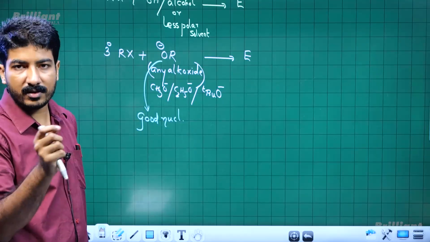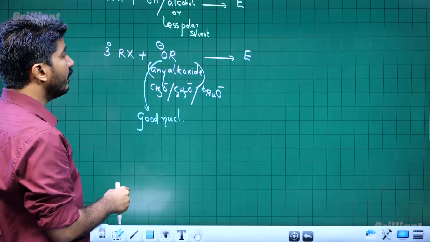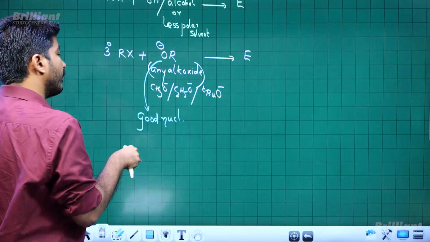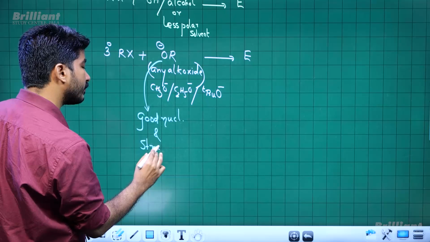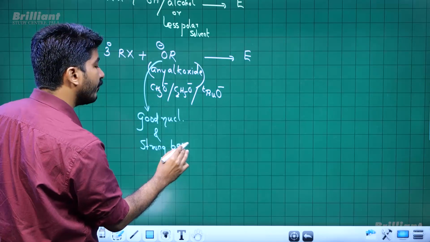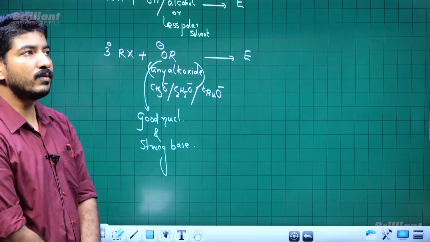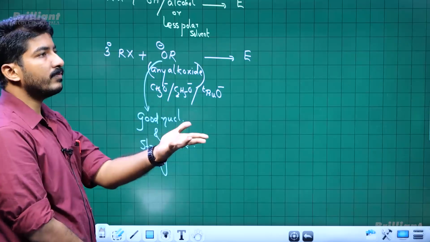SN2 is controlled by steric effects. And therefore, the alkoxide thinks, oh, it is also a strong base, right? It is a good nucleophile and a strong base also. And we know that haloalkanes like to undergo elimination reactions also. If it is a good nucleophile, it can undergo nucleophilic substitution.